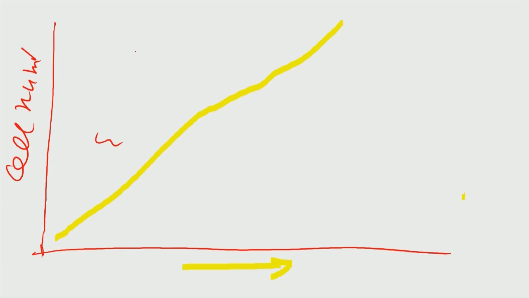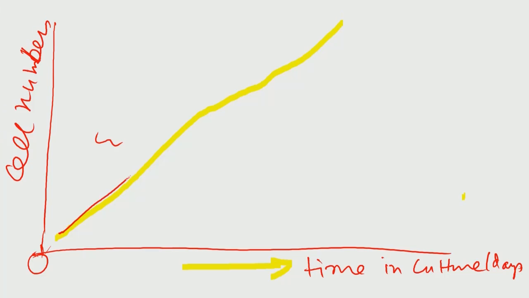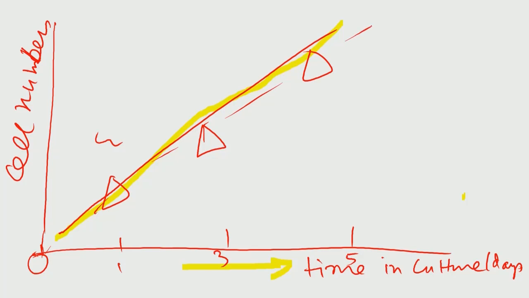After the experiments are over, you count or quantify the cell numbers, and along the x axis you plot time in culture, let us say in days. You started with t is equal to 0, and then you see how cell growth is taking place. So, let us say this is day 1, this is 3, this is 5, and you have data points which fall more or less like a linear variation.